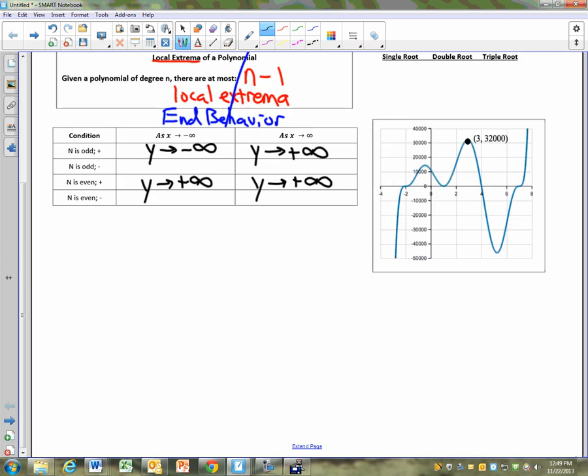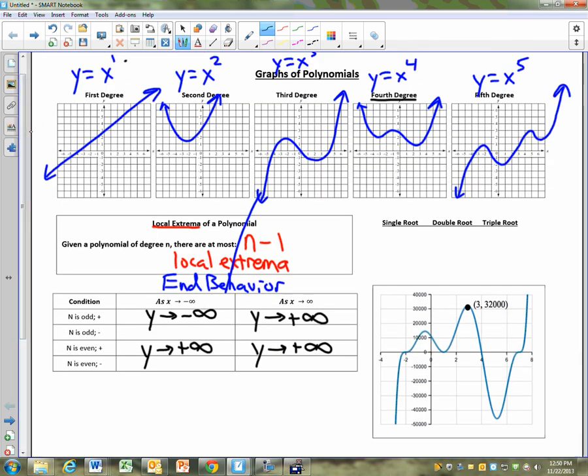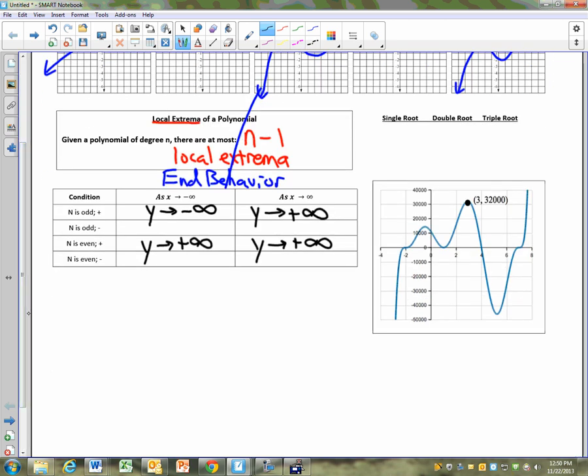So, look at what we have. Yes, question. Whether I'm looking at the third degree or the fourth degree. So right now, the chart that we're filling out says if the power is odd, so we use the third degree.